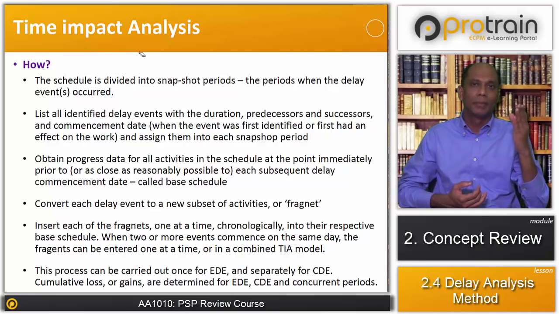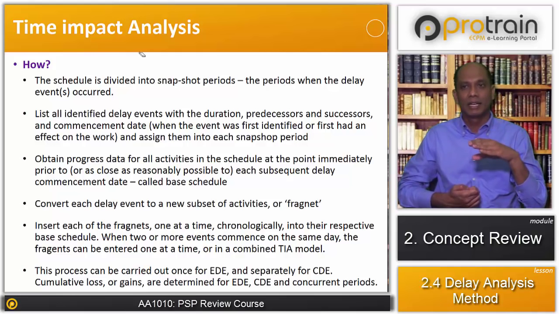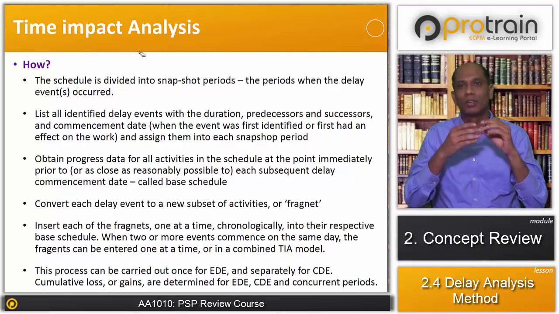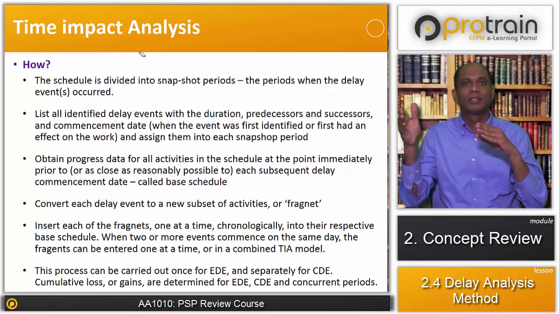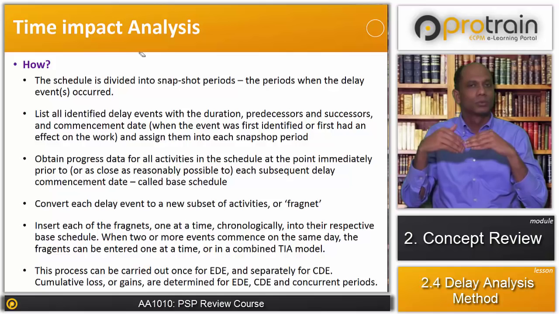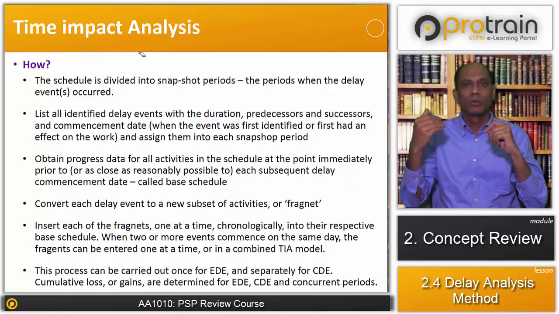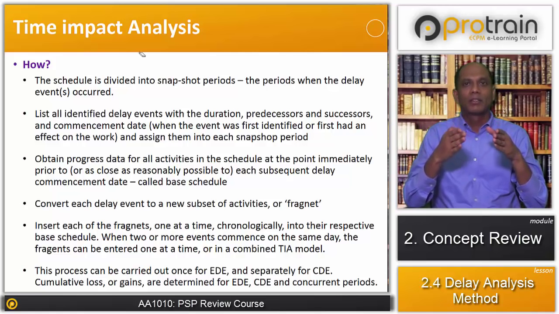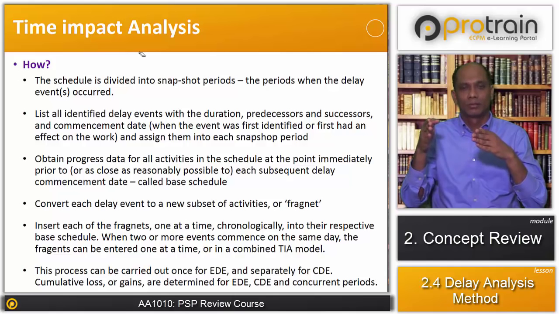We'll take an update up to the 6th month, form a fragment of the delay event, insert that fragment into the 6-month updated schedule, and see the impact. Suppose the schedule was updated at 6 months and the projected completion date was, say, the 20th month. After the insertion of the delay fragment, the schedule now shows 22 months. So the impact of that particular delay will be 2 months.